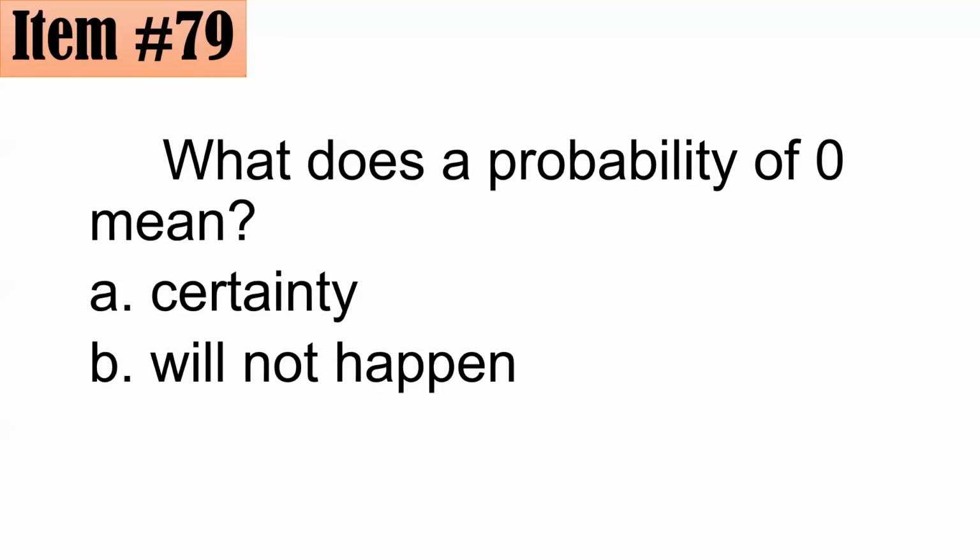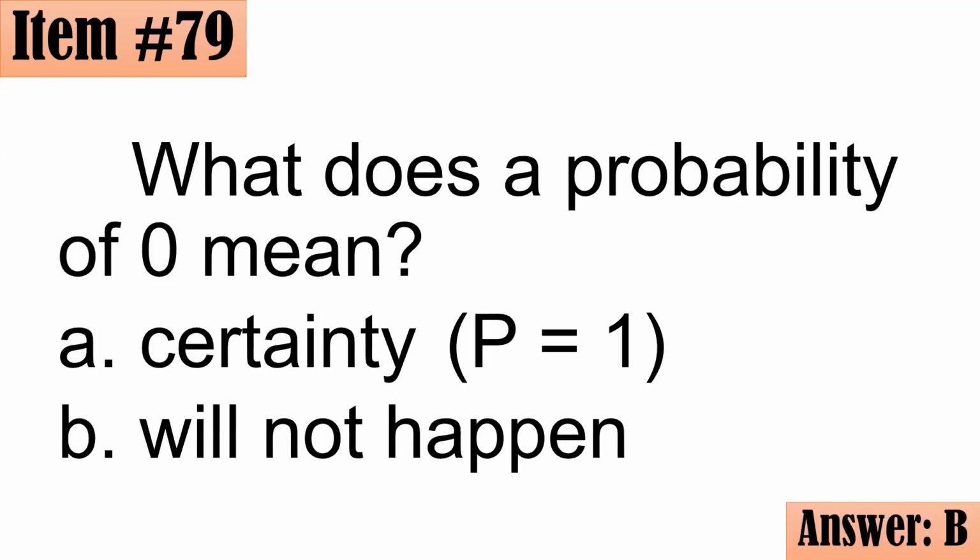79. What does a probability of zero mean? Is it A, certainty, or B, will not happen? Probability of zero. Okay. Ito yung probability na maging kayo. And that is will not happen. Biro lang po. A probability of 1 indicates certainty.